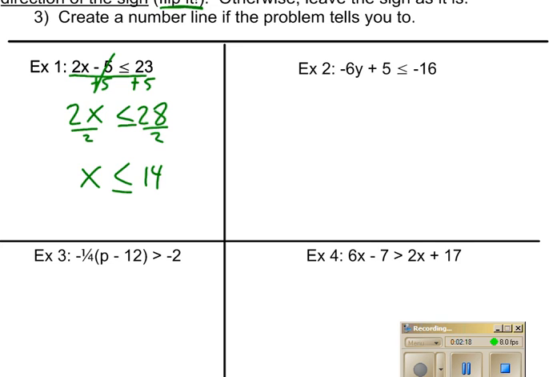Next example. Let's start by undoing the constant term. So it's addition, I undo by subtraction. I actually made a mistake there. We need to take away 5. So we're left with negative 6y is less than or equal to negative 21.